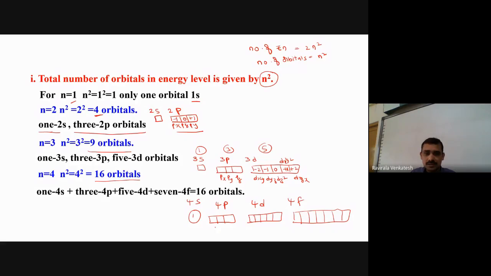Like this: 0, minus 1, plus 1. 0, minus 2, minus 1, plus 1, plus 2. 0, minus 3, minus 2, minus 1, plus 1, plus 2, plus 3. In this way, we can write all these orbitals. Understood? If they give the energy level, the principal quantum number, you can easily write the number of orbitals here.